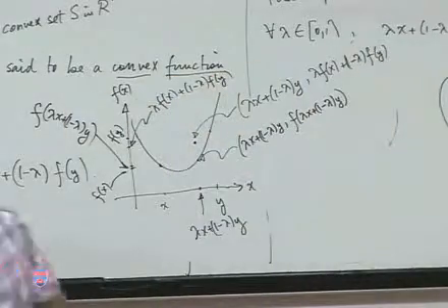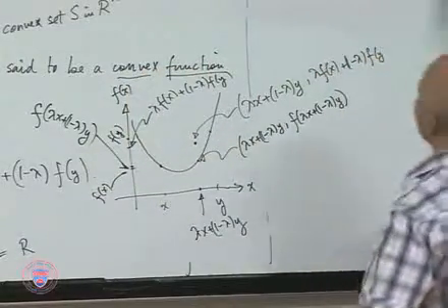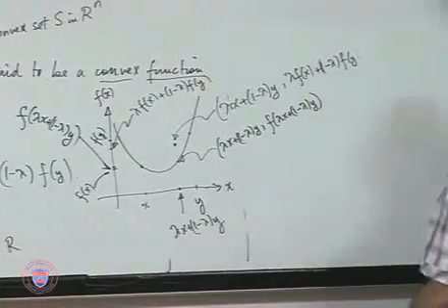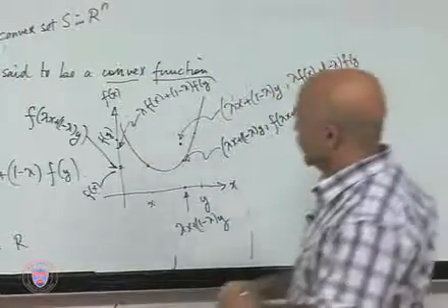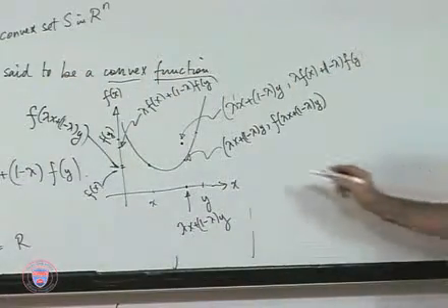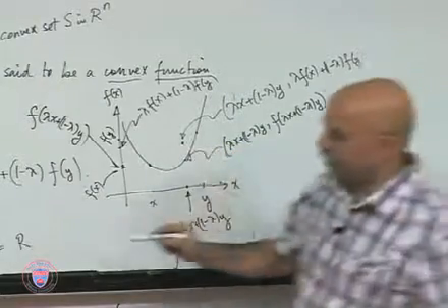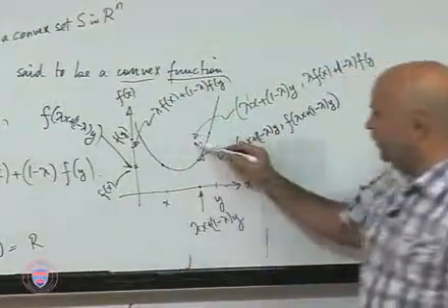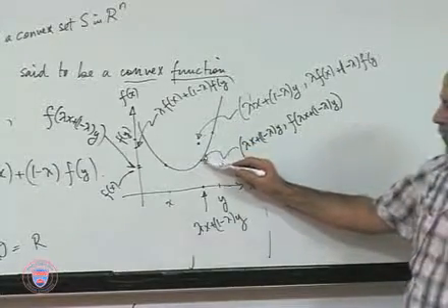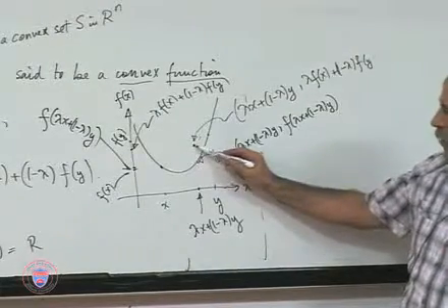Let me erase this stuff from here. So you can see that the point that corresponds to the right-hand side value is on or above the point for the left-hand side. This is for a particular lambda.